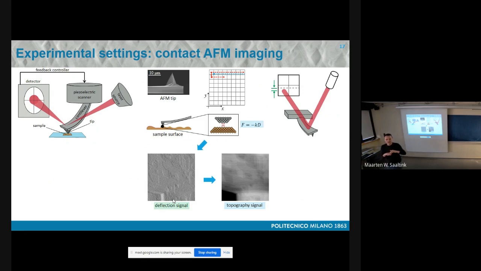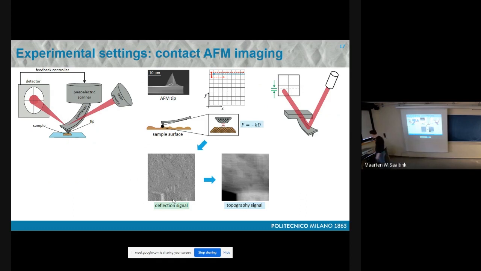Maybe I will show you the results next time. The key idea is that whenever you have the cantilever scanning the surface along these directions, then due to the atomic forces, van der Waals forces, essentially you have a deflection, and from the signal of deflection of the cantilever, you have the topography of the system.